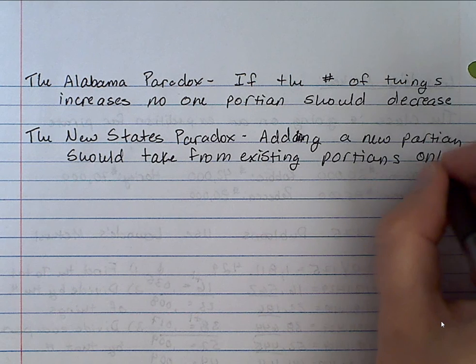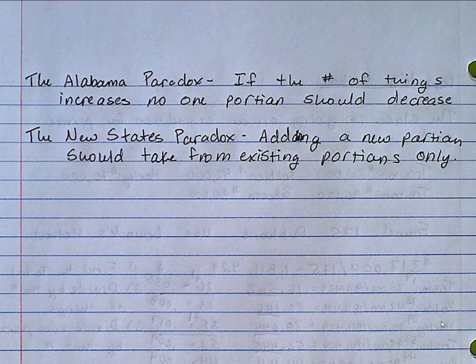So for example, with the warm-up example I did with first, second, third, fourth, fifth period, if I added sixth period into there, I should only decrease the other periods. If for some reason I added sixth period and then first period ended up having more A's to give out, that would be a paradox, because I should only decrease the number of A's that the other classes give out, or leave them the same. This is called the new states paradox.